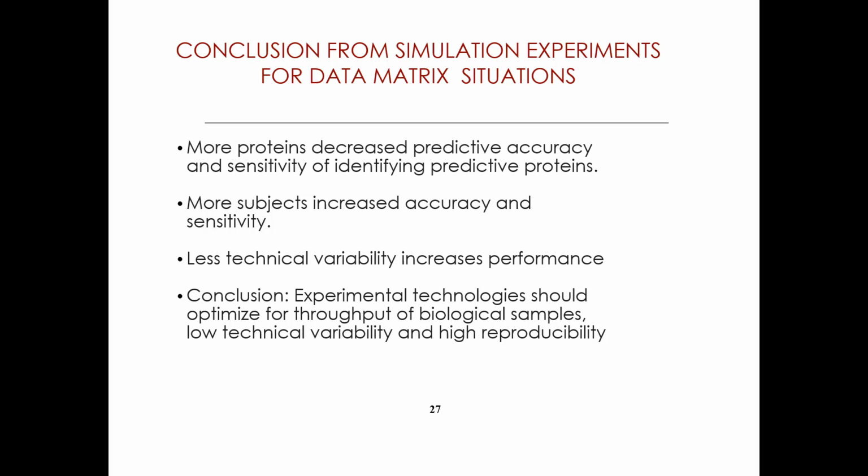So this means that for those who are technology developers, we need to spend our effort to speed things up, so that we can do relatively easily hundreds or thousands of samples. We need to do them highly precisely.